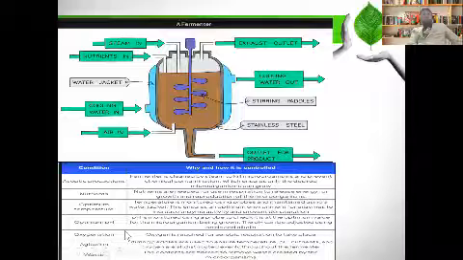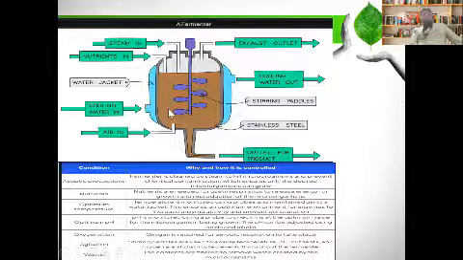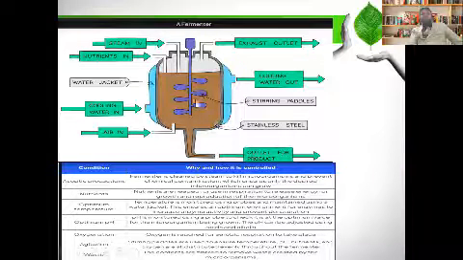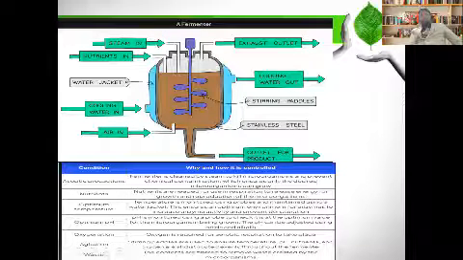Now, oxygenation. As you know, these organisms respire, and in respiration they need oxygen. So oxygen is required for the aerobic respiration that has to take place in the organisms inside the fermenter. Agitation: stirring paddles are used to ensure the temperature, pH, nutrients, and oxygen are distributed evenly throughout the fermenter.